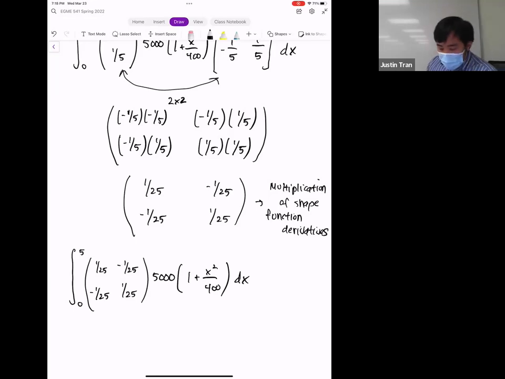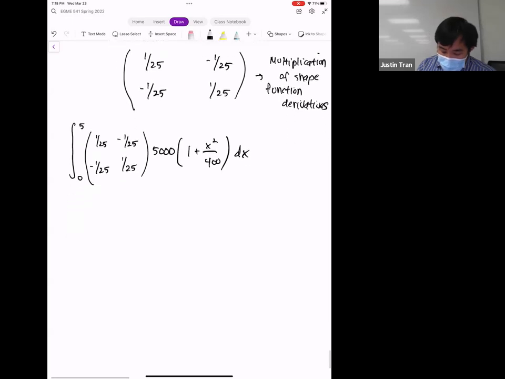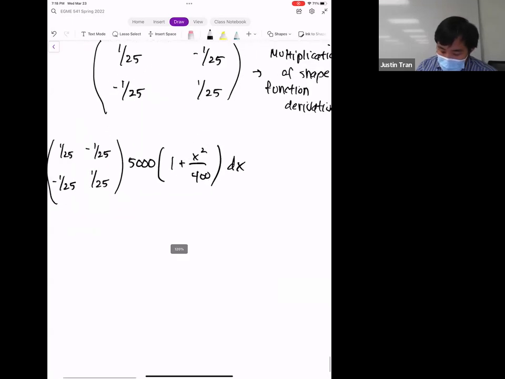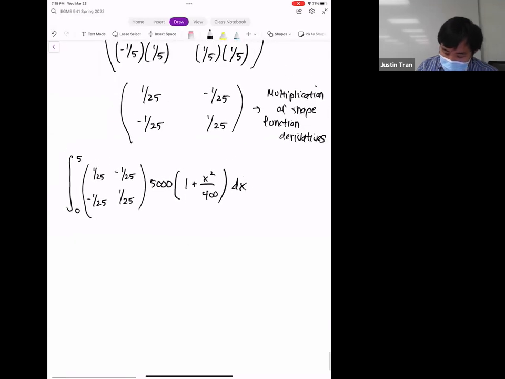All right, let's simplify this. We have a lot of constants here, so we can pull them out of the integral. First, I'm going to take this 5,000 and pull it into this matrix. 5,000 divided by 25 is just 200.